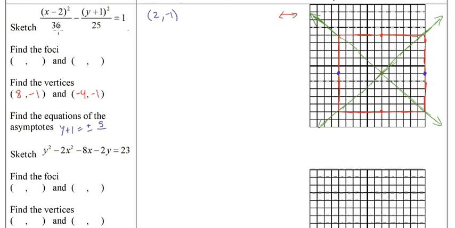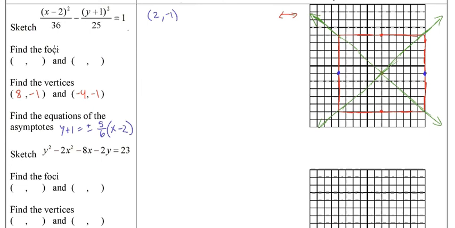That's the square root of the denominator of the x term. So plus or minus 5 sixths times x minus the x value of the center, so x minus 2. There's our equations for the asymptotes. You could write that out as y plus 1 equals 5/6 times x minus 2, and y plus 1 equals negative 5/6 times x minus 2, but there's two different equations wrapped up with a plus or minus right there.